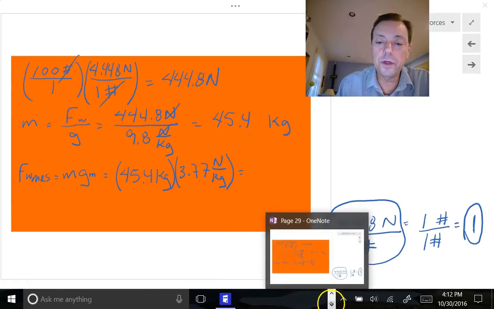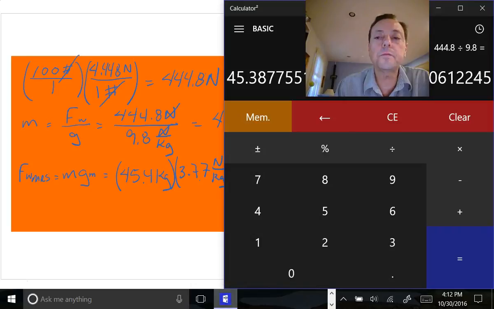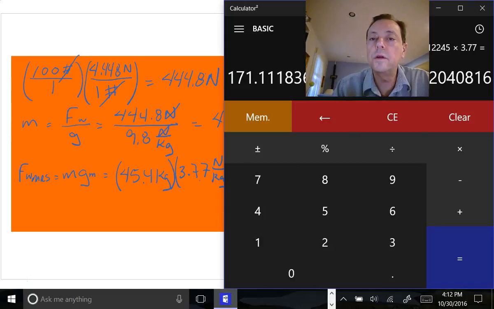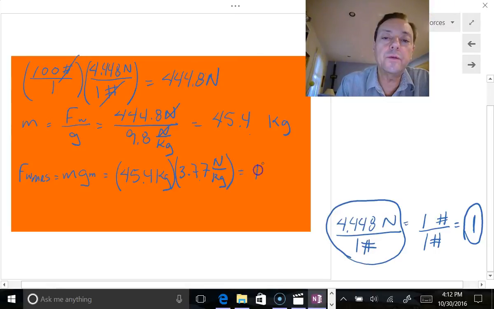Okay, so let's see what that equates to. Times 3.77 is about 171 newtons. The kilograms dividing out.